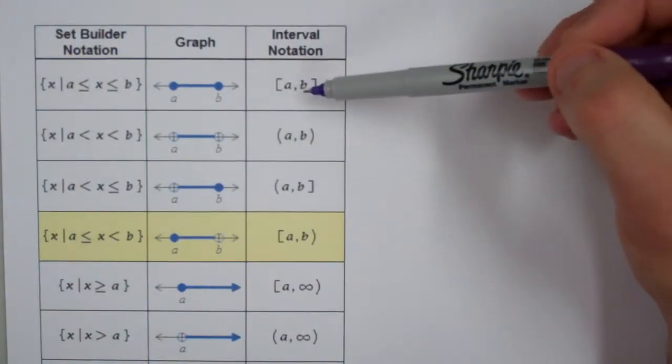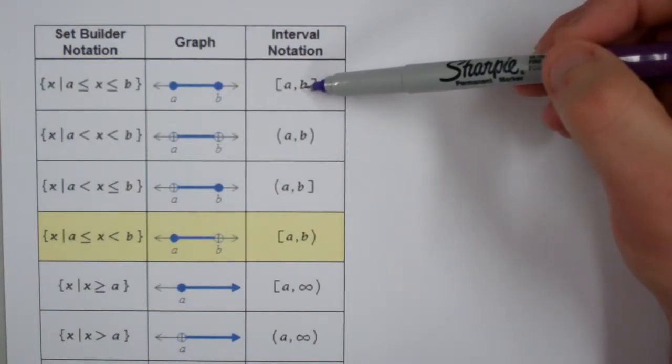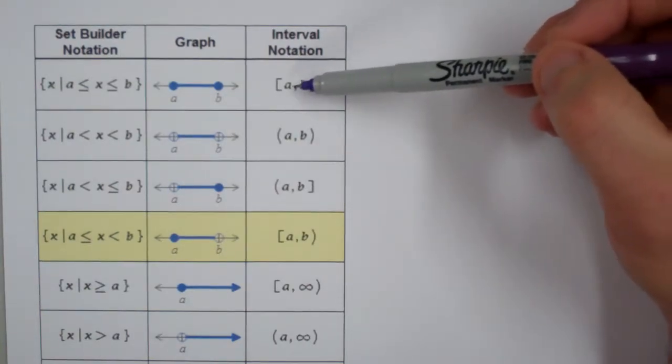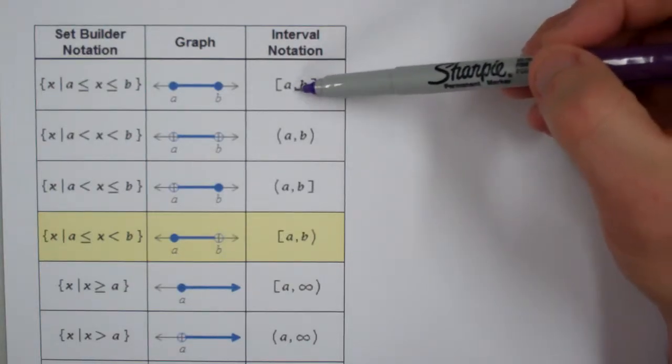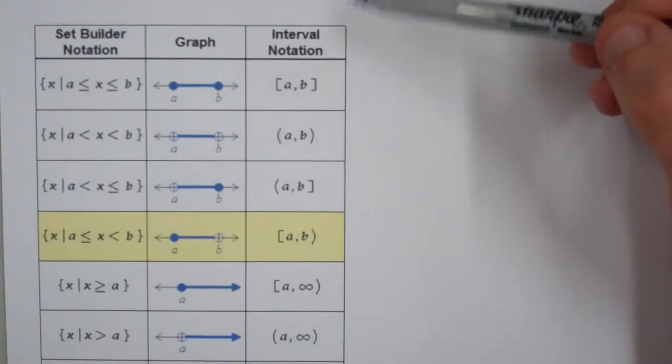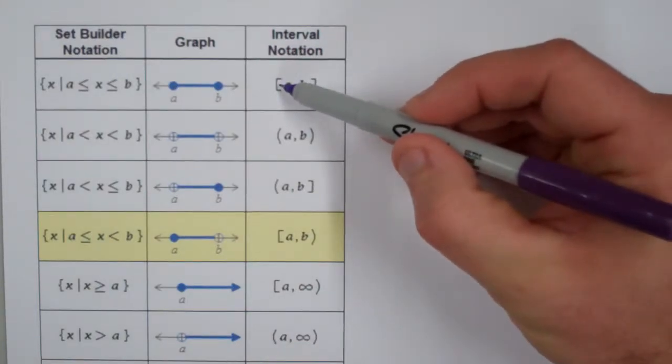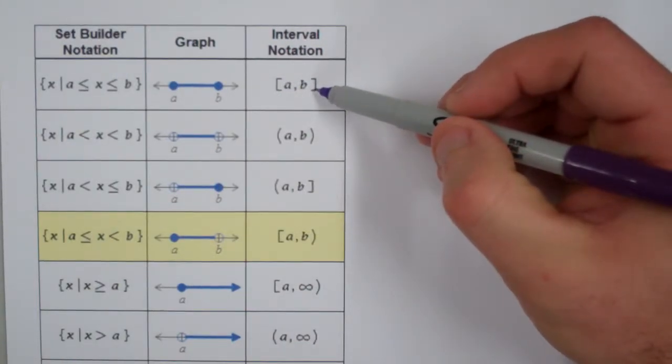On the right hand side, we've got the interval notation. Interval notation starts with the lower value on the left, the higher value on the right, separated by a comma. You have a choice of what to put here or here.